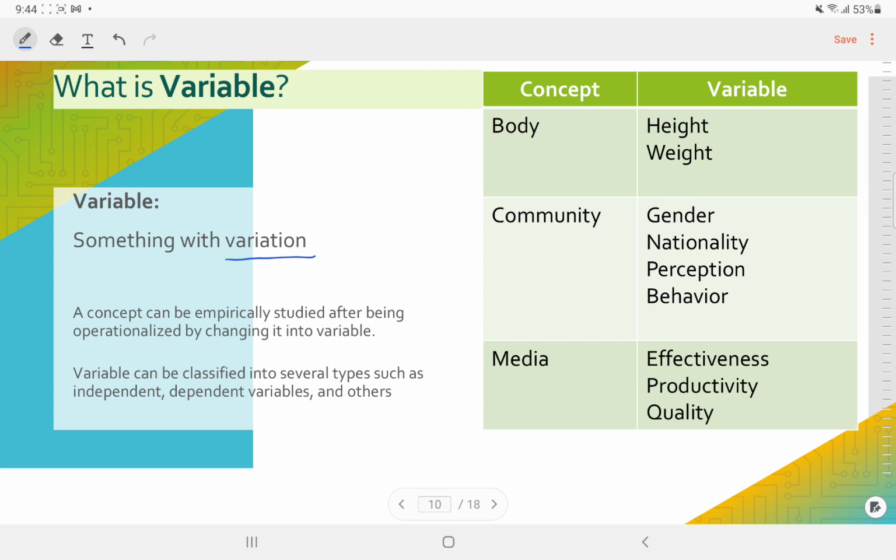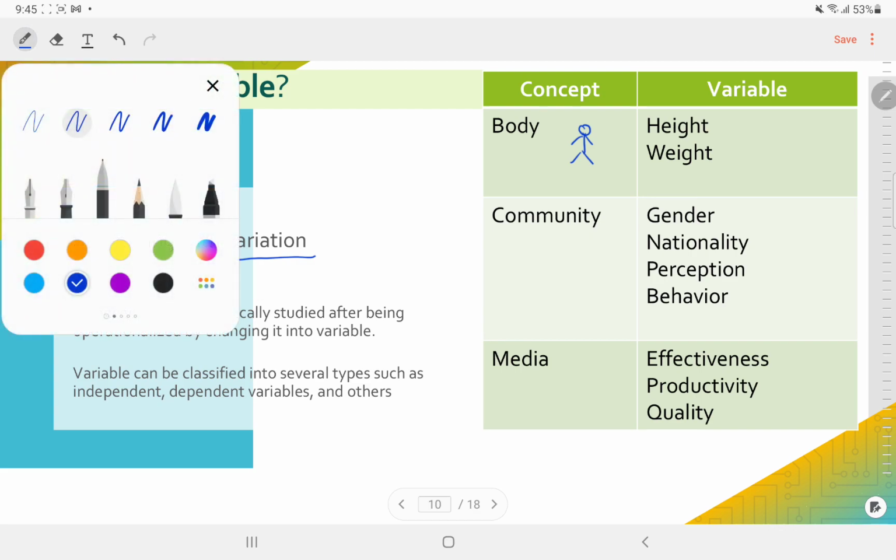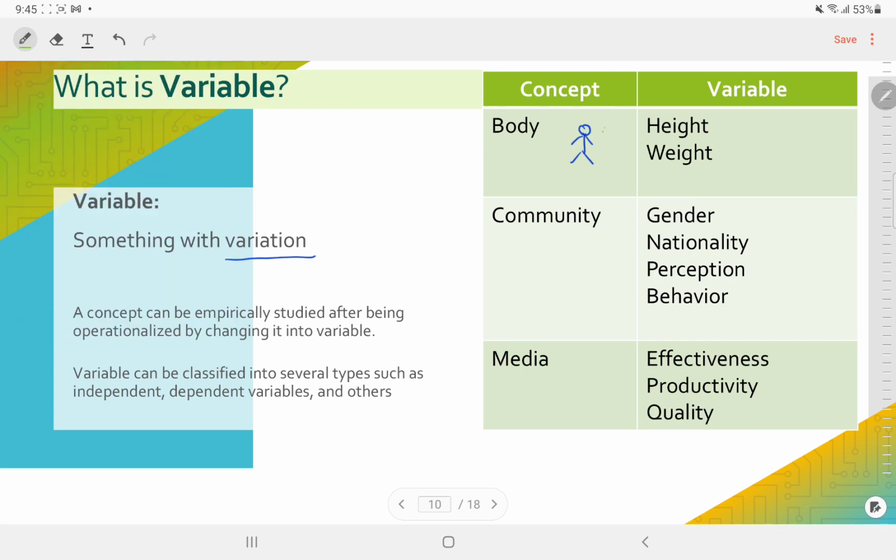So, here are examples of variables. For example, if we are talking about the human body, we can talk about their height, or maybe their weight. So, height and weight are variables.